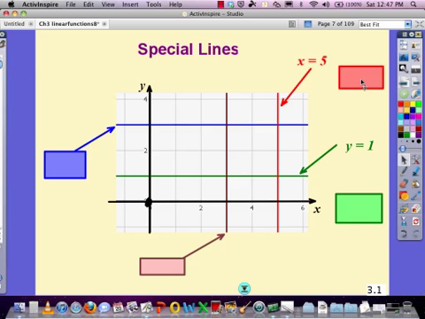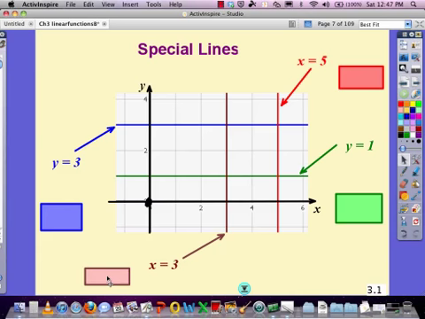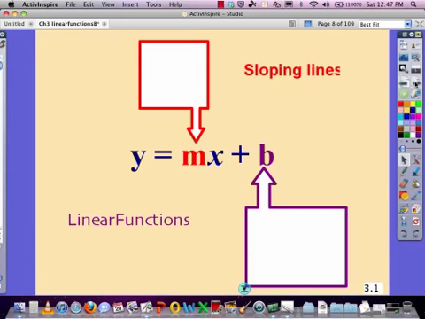A vertical line has a different beginning to it. Then we go back to a horizontal. It's at 3. And then we go back to a vertical. It's also at 3. So you should be able to tell us the equations for any vertical or horizontal line. And that should have come with you from algebra and or geometry.